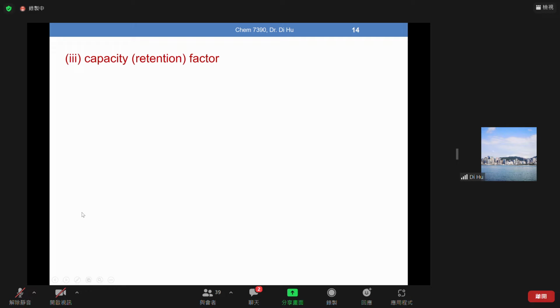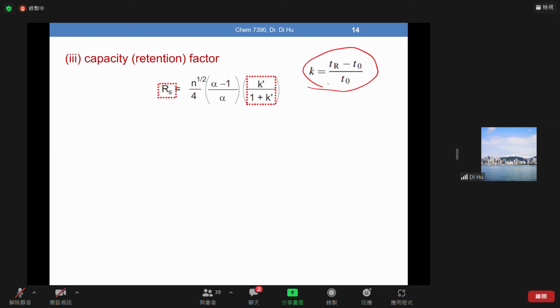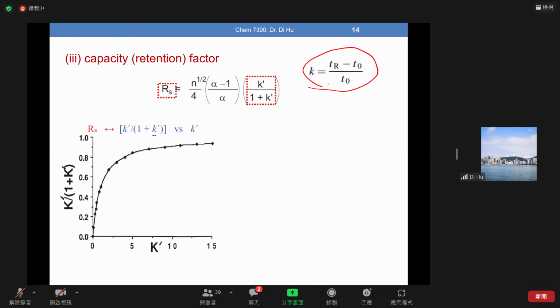And then how about k? How about the k value? Because now resolution is related to the capacity factor, which is k divided by 1 plus k. We also know that the retention factor, which we have shown you many times, is equal to tR minus t0 divided by t0. This shows that the larger the k, the longer it takes for the compound to come out, right?